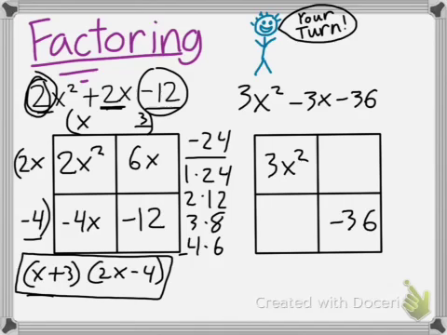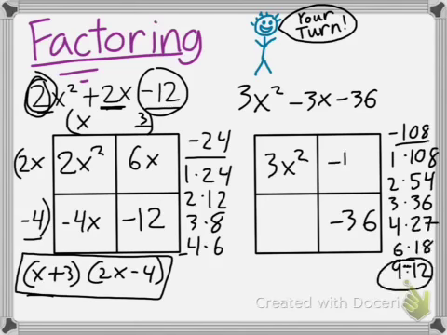So you should have found out that 3 times negative 36 is negative 108. And these are all the factors of it. And so the factor that we pick is 9 times negative 12, because that multiplies to give us negative 108 and adds to give us negative 3. So I put negative 12x and 9x in the box.